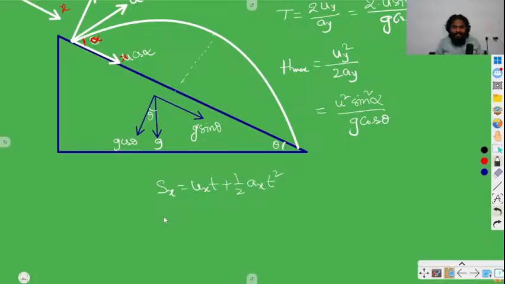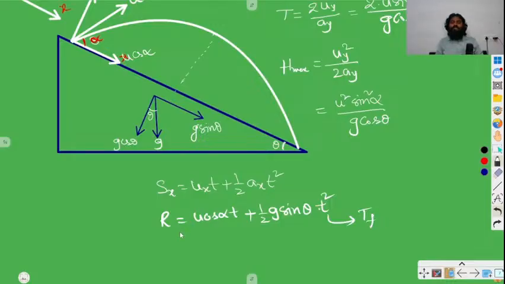Now range is equal to u cos alpha into t plus half ax, and ax is g sin theta. Here g sin theta is along the x-axis, so not minus, plus only. So g sin theta into t square. Here in the place of t, you substitute the time of flight, then you will get the range, right?